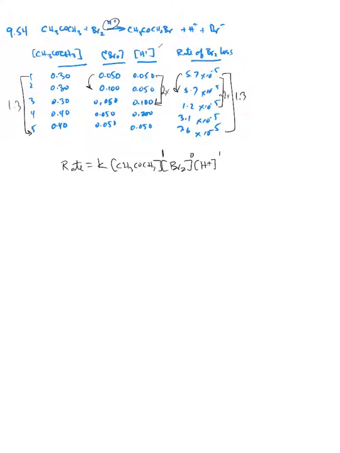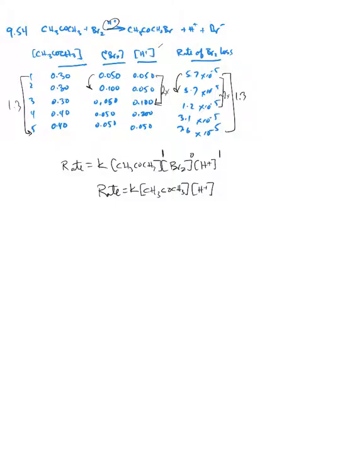Usually orders are integers, and so it certainly isn't going up 4 times, and it's certainly changing, so it's not 0 or 2. So I'm going to rewrite my rate law so that I reflect the first order dependence in the ketone and first order dependence in the protons.